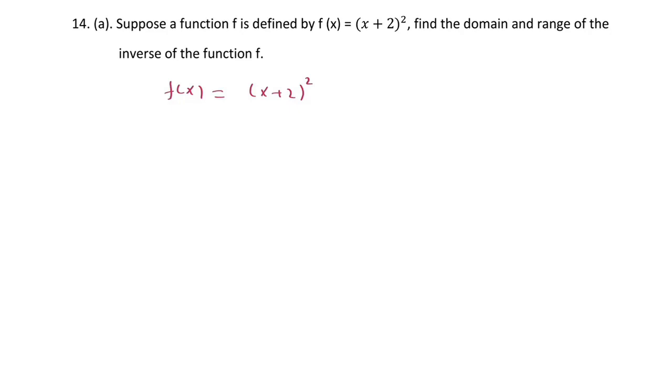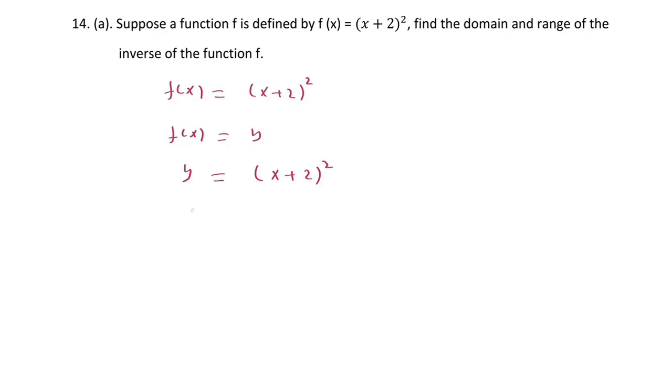Okay, so finding the inverse of this function, first we are going to let f of x equal y. Then our equation is going to be y equals (x plus 2) squared. Now let us interchange the variables.